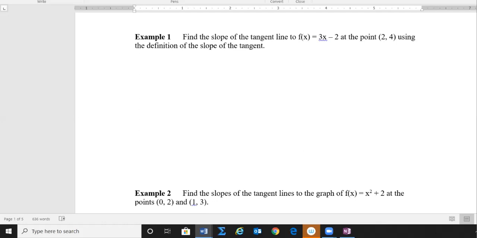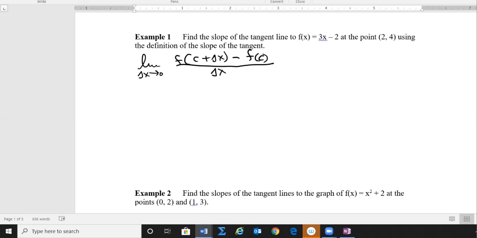Okay. Find the slope of the tangent line to this curve at the point 2, 4 using the definition of the slope of the tangent. We don't necessarily need a drawing for this. You're welcome to draw one if you think it helps. We'll start with this: the limit as delta x goes to 0 of f of c plus delta x minus f of c over delta x.